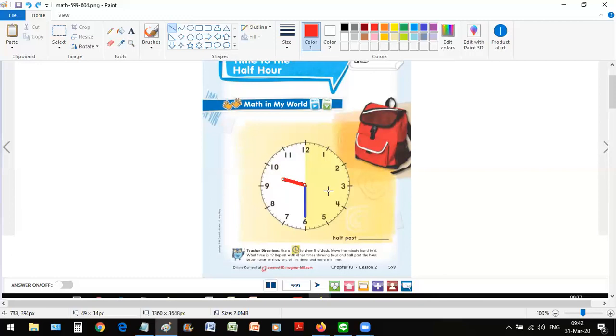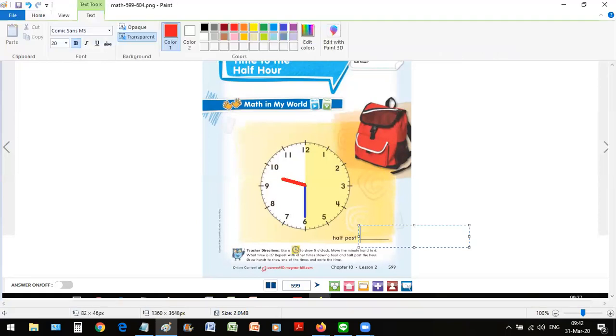So the minute hand is pointing at number 6, that means past, and the hour hand already passed number 9 and is halfway to number 10. So this time is set as 9:30. Okay, so let's write the number 9 on this line. Okay, done.